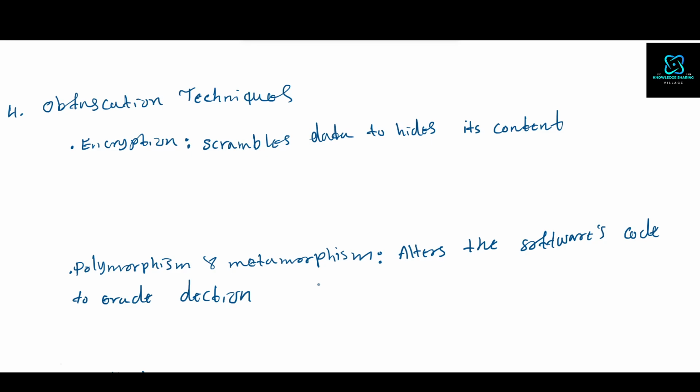The attacker uses polymorphism and metamorphism to alter the software code.